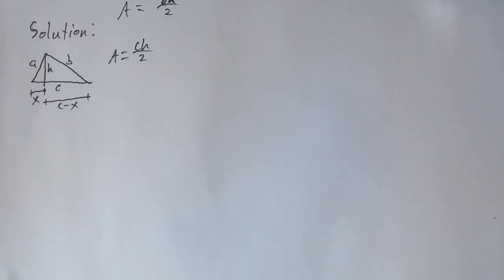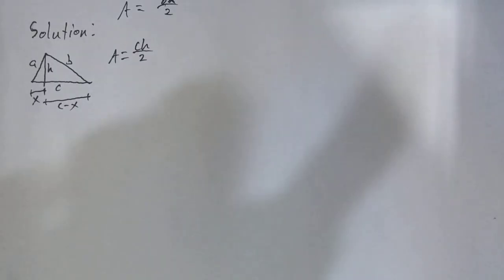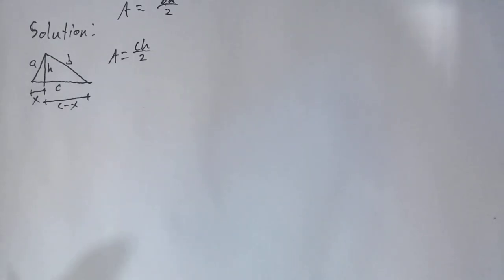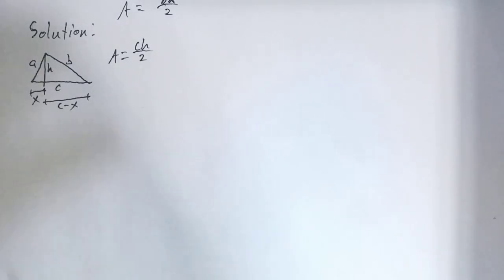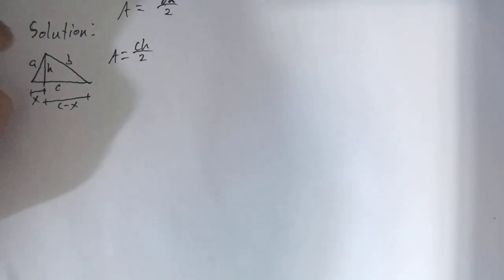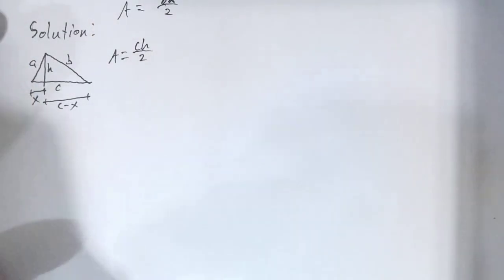Well, notice if we add these two bases, x plus c minus x, the two x's will just cancel out, giving us c, which is the base of our bigger triangle, correct?